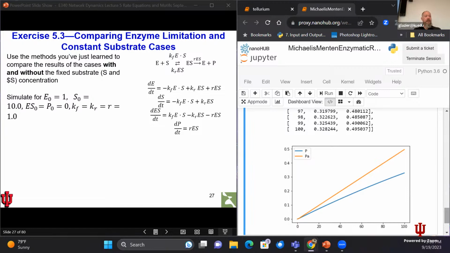So I've solved that in front of you, but I'd like people to try getting that to work for yourselves as well. You see at short times they're the same, and then in the case of P, I'm running out of substrate. And so the rate of production of P, when I don't fix the amount of S, is slower.